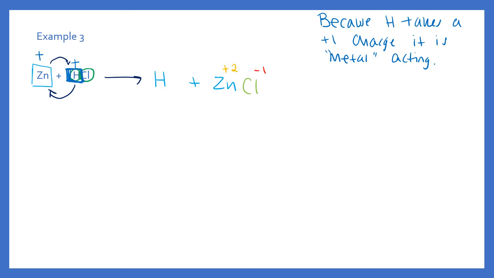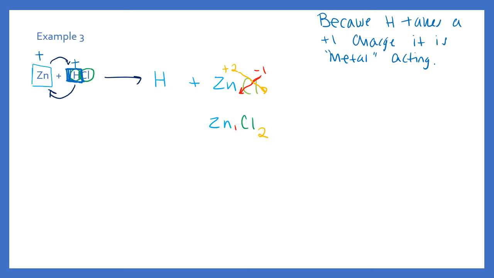Good, okay. And now looking at the periodic table, we know that zinc takes a +2 charge, and chlorine takes a -1 charge. So if we were to crisscross, the 1 would come down to the zinc, and the 2 would come out to the chlorine. Oh my goodness, guys, I'm sorry, I'm clearly losing my mind.